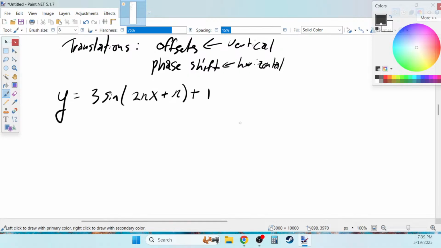Okay. So here is the most complicated version of this problem that you will possibly see.